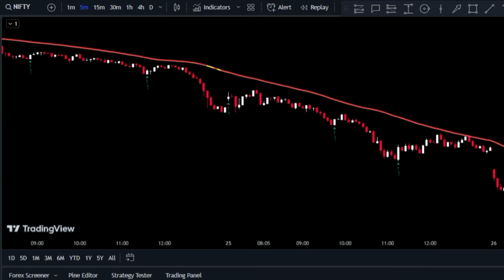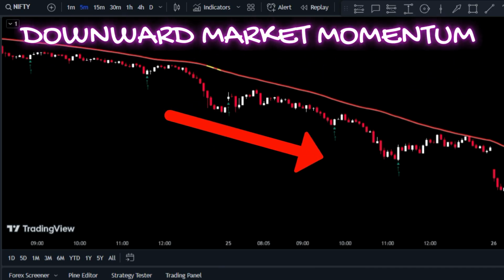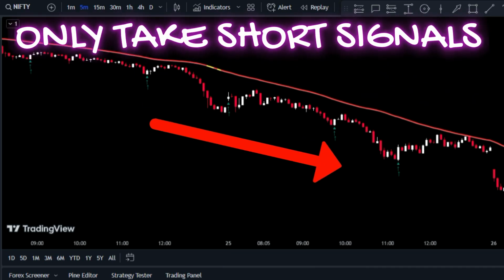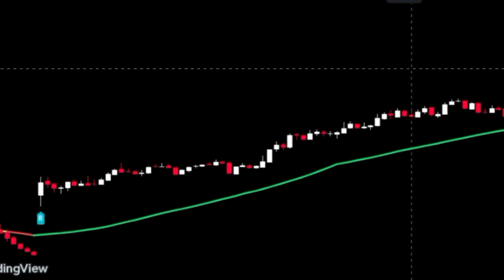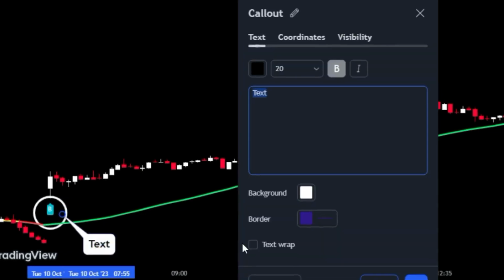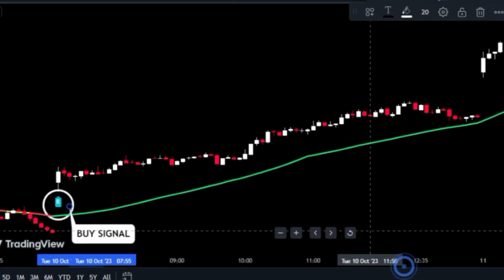Conversely, if the price is below the indicator line, only enter short trades as the market momentum is downward. The swing trend signal indicator, in addition to identifying the trend, is a simple buy and sell indicator that you can use to enter trades based on its signals.